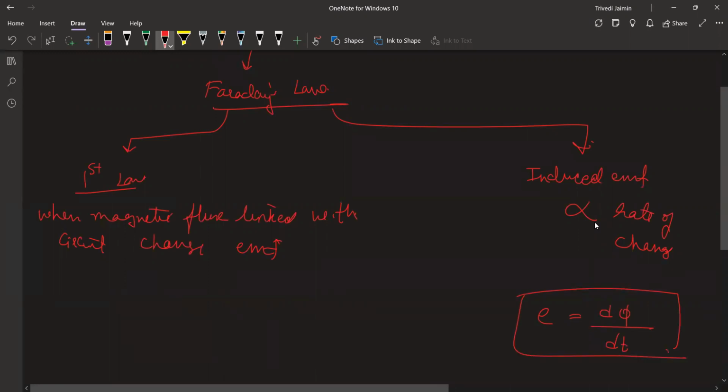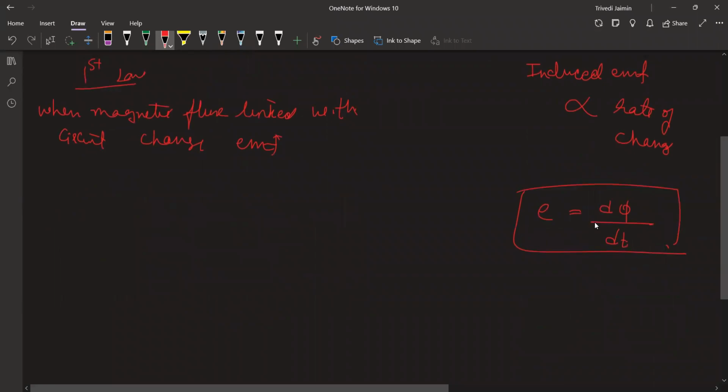And for n turns, we will introduce n here. Here minus indicates the negative side. So induced EMF is minus n d phi by dt. The direction is given by Fleming's right hand rule.